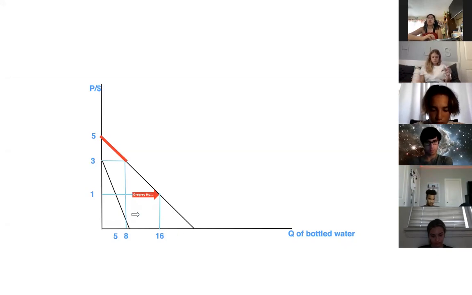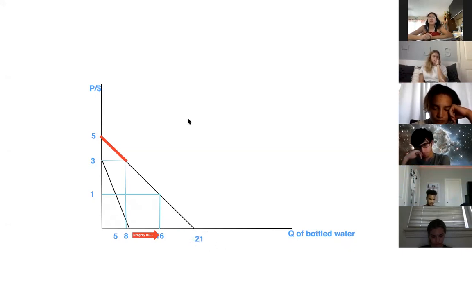So in the market, then we would have 5 plus 16. We're adding in this horizontal dimension. That's what it means, right? And so for purpose of illustration, I'll say this looks like about 21 to me.